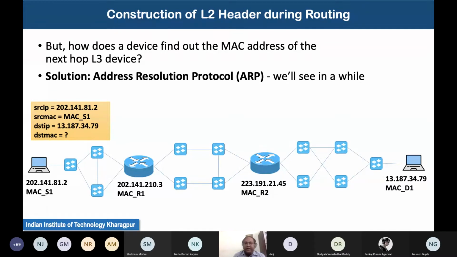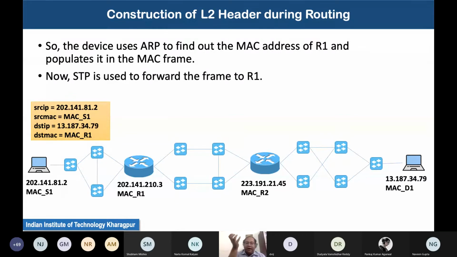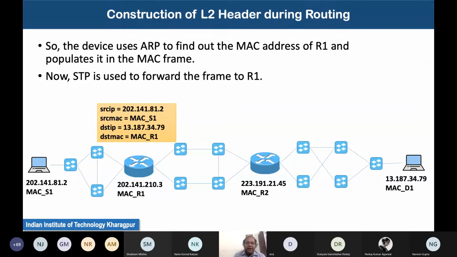Now once R1 receives it, R1 repeats the same thing again. R1 receives the packet, it moves to the IP layer, and the IP layer will check the destination IP, which is 13.187.34.79. It will make a route lookup and find out what the next hop is going to be. The next hop is going to be 223.191.21.45.